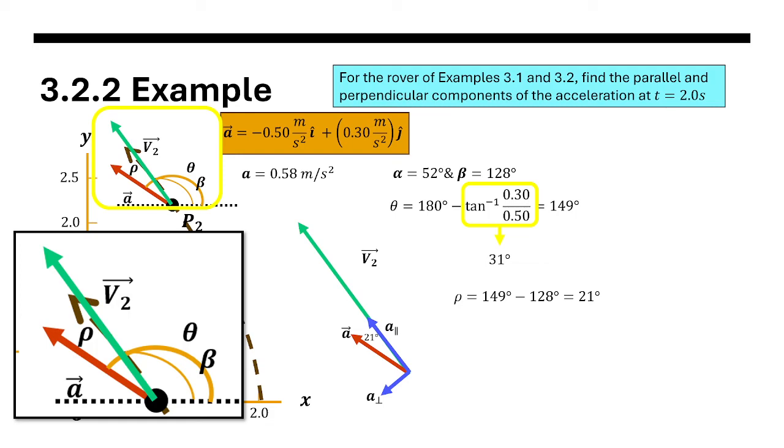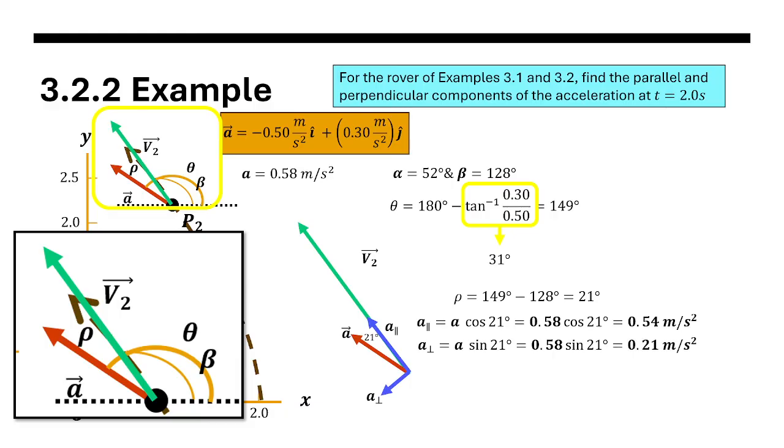To get our parallel component, we use a cosine 21 degrees, which is equal to 0.54 meters per second squared. For our perpendicular, we have a sine 21 degrees, which is 0.58 sine 21 degrees, equal to 0.21 meters per second squared.